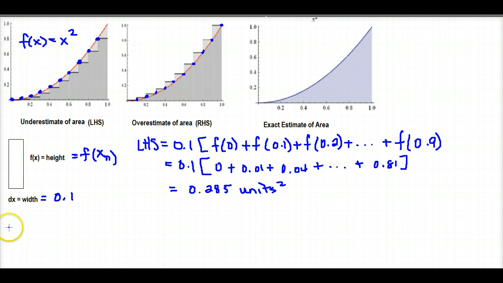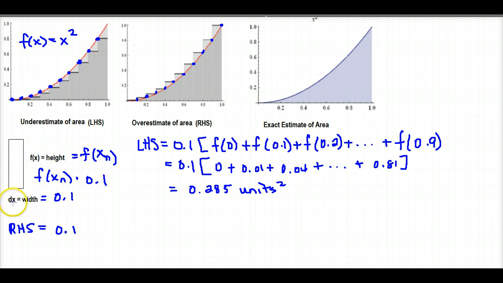Now we're going to go ahead and do the right-hand sum. The right-hand sum here would be the overestimate. Doing this again, the width of each rectangle is 0.1. So we're doing f of x sub n times 0.1, or times the dx here.